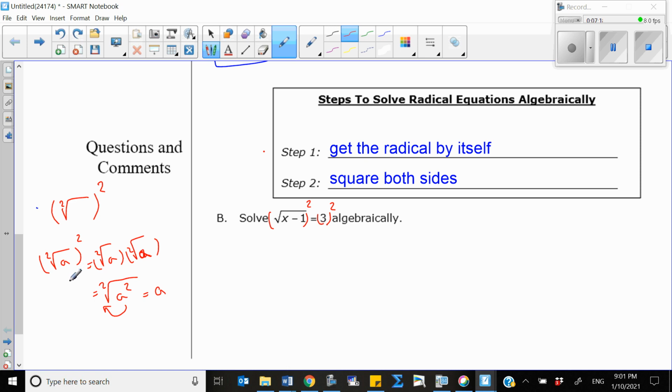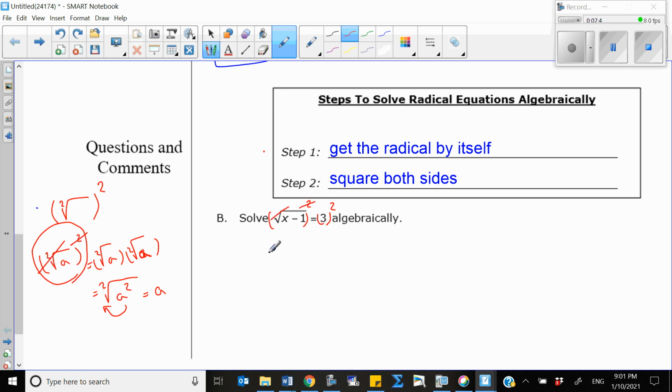So as you see, the square root of a raised to the power of 2 is equal to a. That means this power basically cancels this radical. So I raise both sides to the power of 2, and in this way I can cancel the radical.